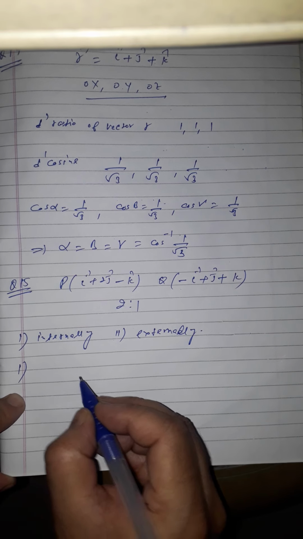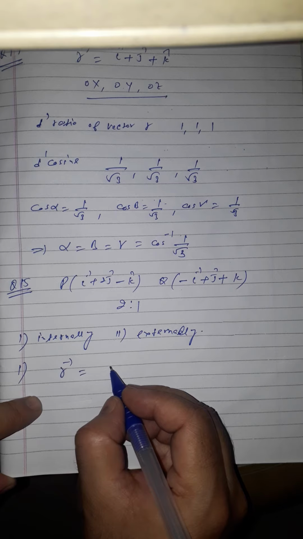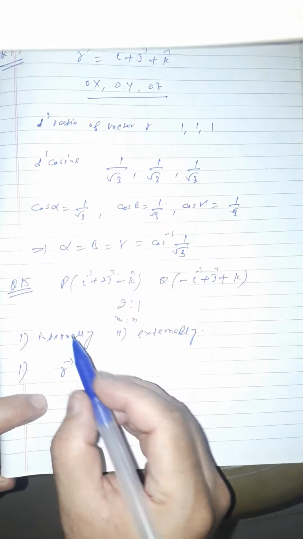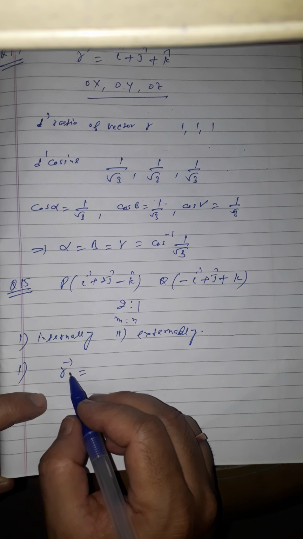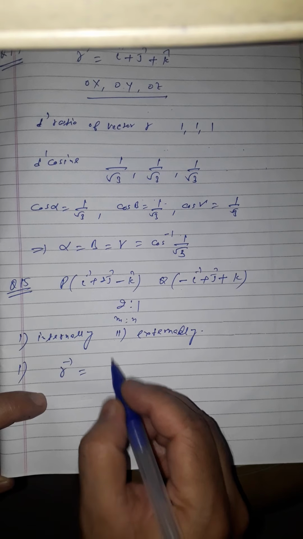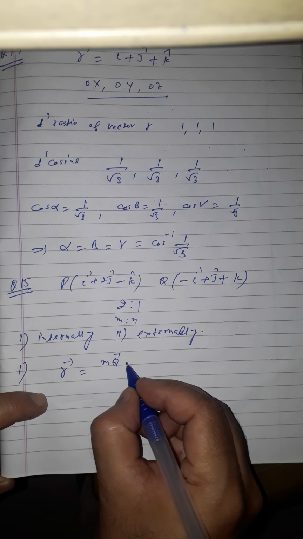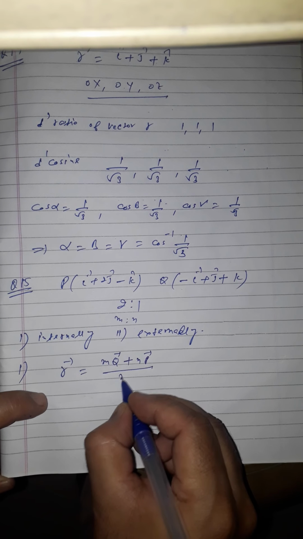How we will find out? I have told you the formula. Here you will see, students, the formula is that r vector is equal to m multiplied by q vector plus n multiplied by p vector upon m plus n.